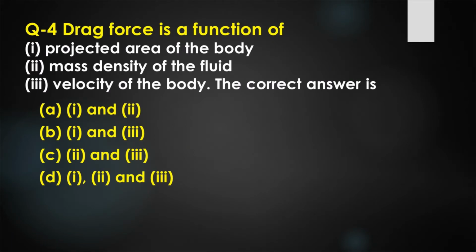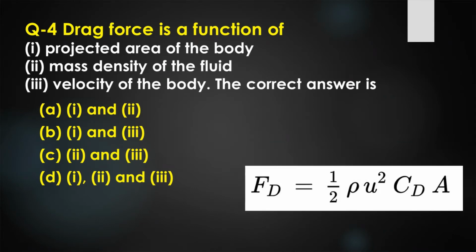First of all, you should know the equation of drag force. Drag force equals 1 by 2 rho u square CD into A. Here you can see that drag force is a function of the projected area of the body, so FD is proportional to A. Second is the mass density of the fluid. In the equation of drag force the mass density is there, so it is a function of mass density.